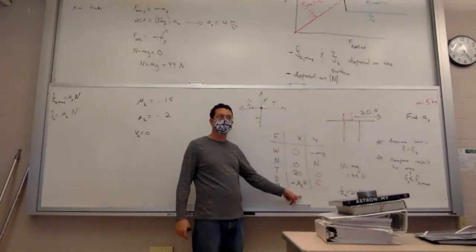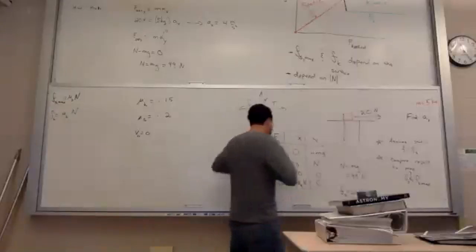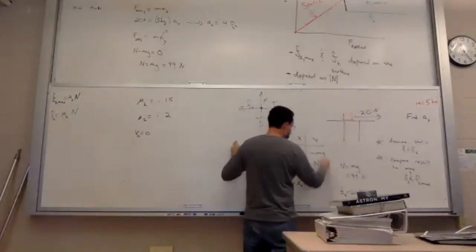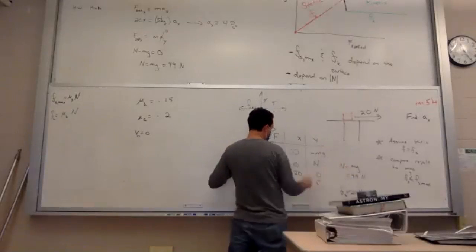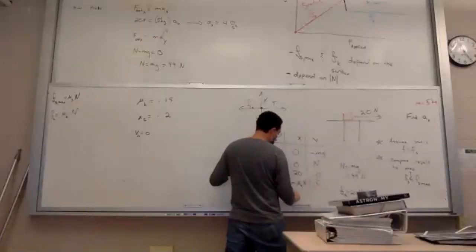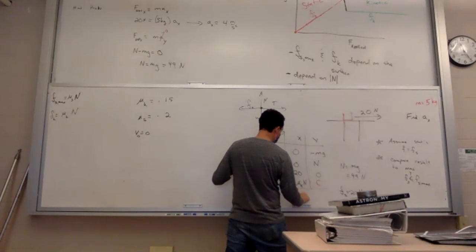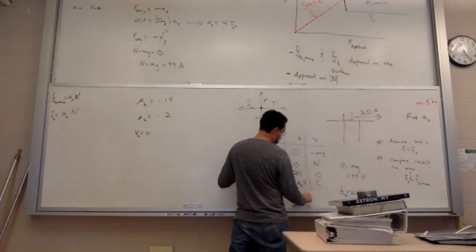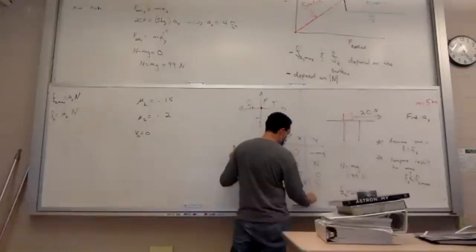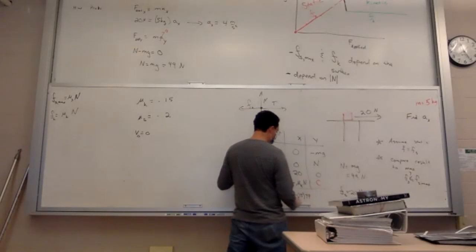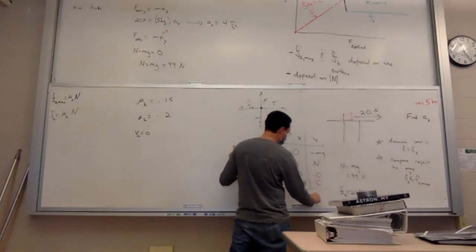Okay, so let's do that. Over here, the y part is the same. This one is going to be 20 minus 0.15 times the normal force, which is 49 newtons. Does anybody have a number for that?